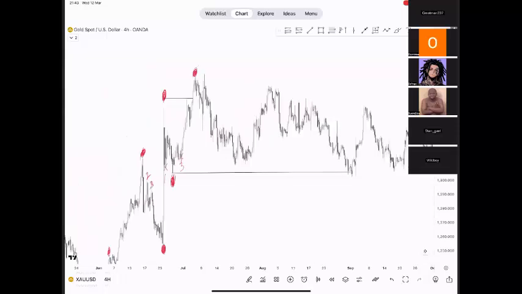Right? And that change of character usually comes with a change in the direction of price. But it is an unconfirmed change in the direction of price. Which means that if you were buying, you're now anticipating to sell, right? Or if you were selling, you're now anticipating to buy, right?